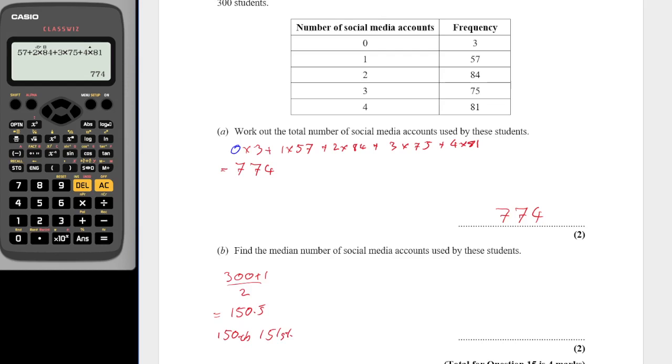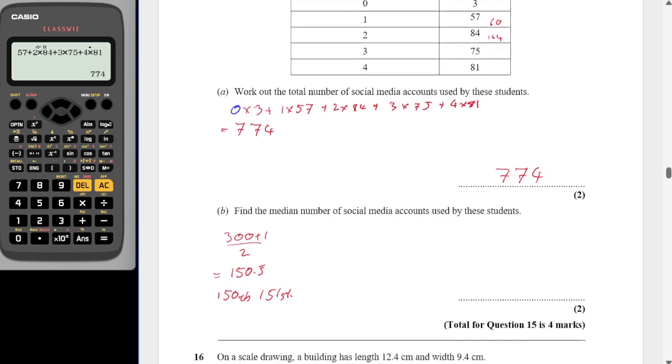So I'm going to keep a cumulative frequency going then. So 3 plus 57 would be 60. 60 plus 84 would be 144. So we've still not got the 150th or the 151st. So both the 150th and the 151st are going to be in this group here. So that's going to be 3.